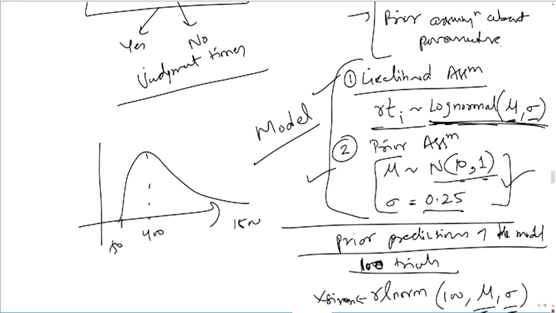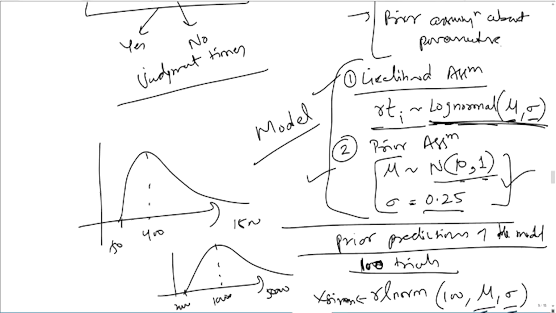If your prior predictions look way off, let's say the median value is 10,000 milliseconds, the minimum value is 2000 milliseconds, and the maximum can go up to 50,000 milliseconds, then your prior assumptions are unreasonable. They do not make any sense, so you need to revise your prior assumptions and make some reasonable ones.